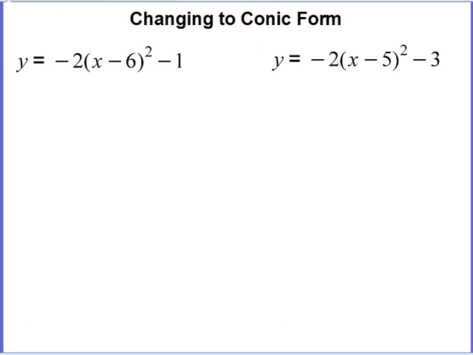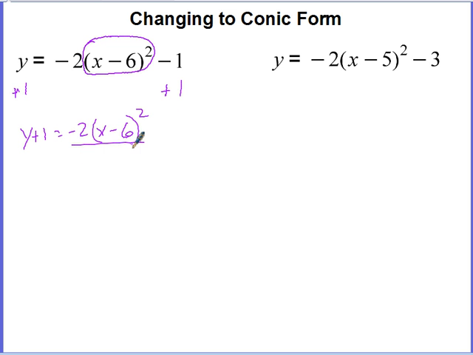The other thing that we need to be able to do is sometimes the equation is not given to us in conic form, so sometimes we have to change it. To change it to conic form, what I need to do is get the squared term by itself. So I want this x minus 6 squared on one side and everything else on the other. So I'm going to add 1 to both sides to start. y plus 1 is equal to negative 2 times x minus 6 squared.